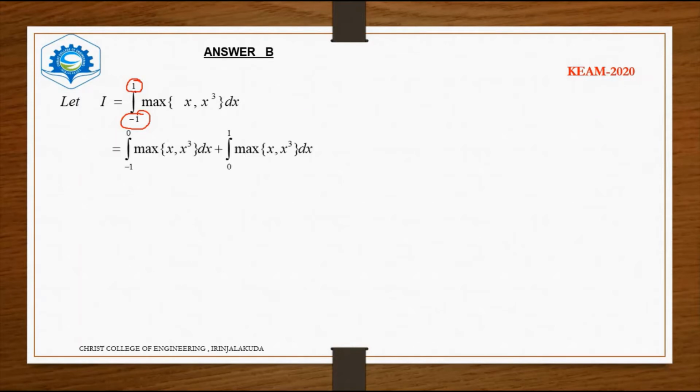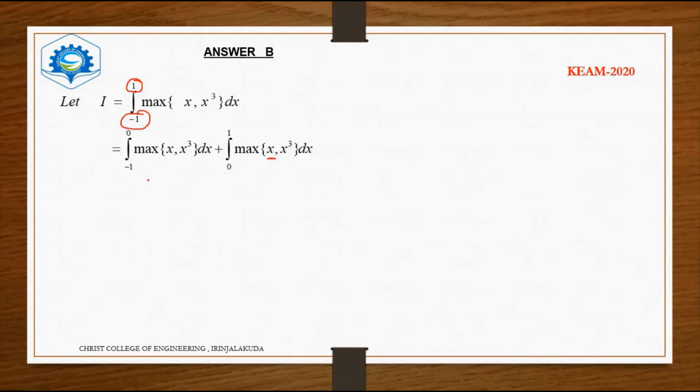So, what we do is we try to split the integration into two. That is, one from minus 1 to 0, the other from 0 to 1. Now, what happens in this interval 0 to 1? In this interval 0 to 1, we find countably many rational numbers, and among all those rational numbers, x will be the biggest compared to x cube.